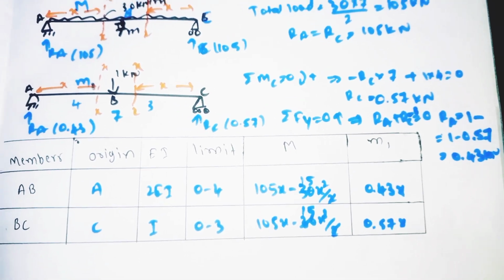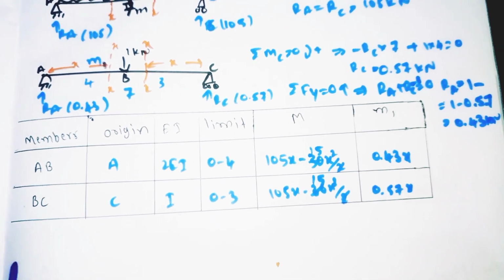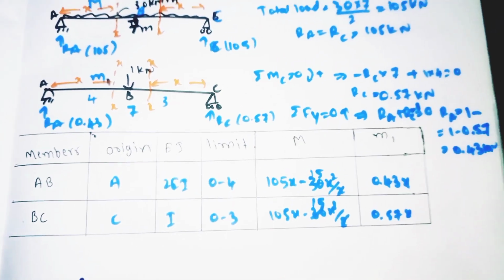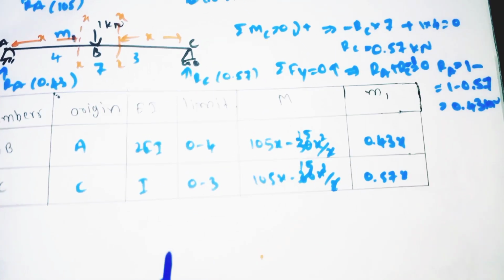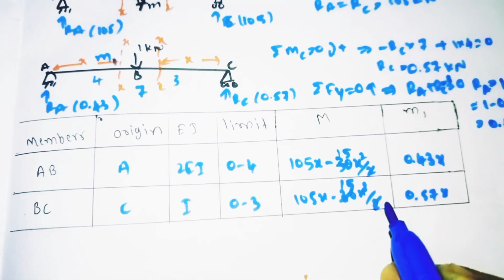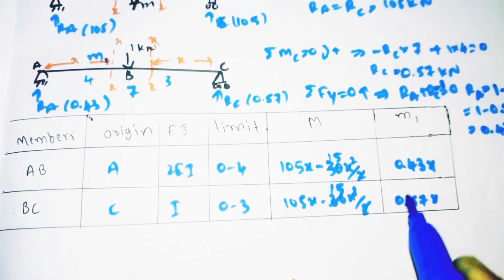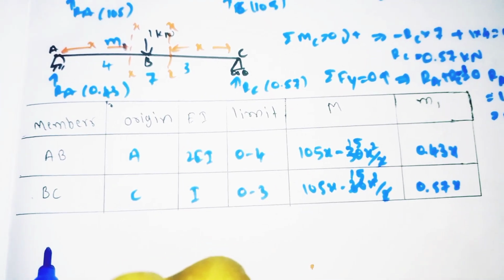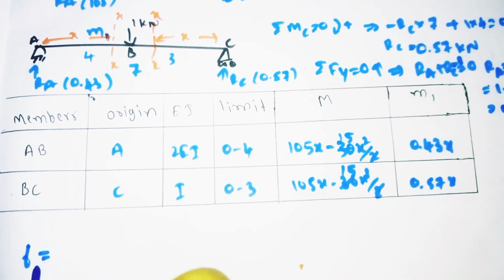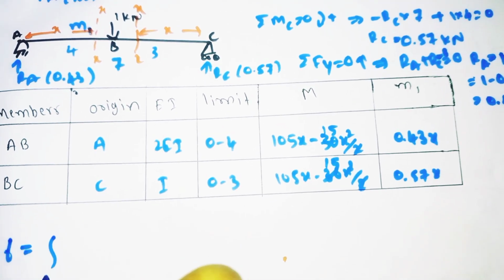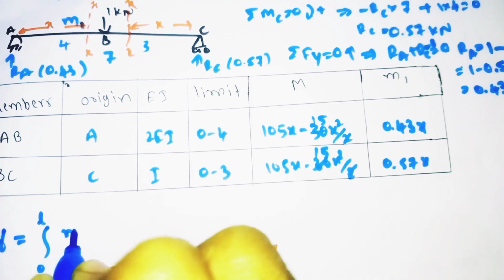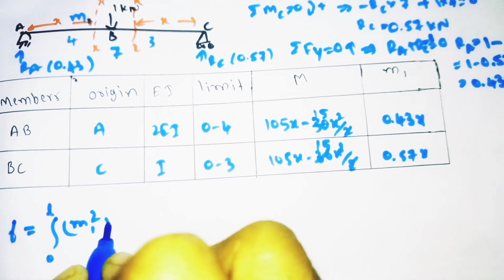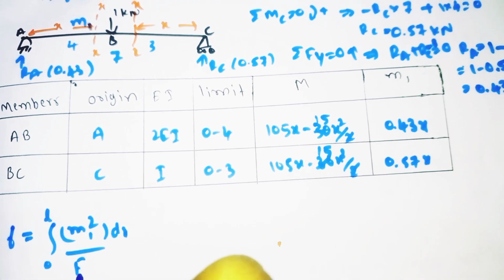So now what we have to do is, we need to find the flexibility and also the displacement. Here we have only two moments now, so our flexibility will come only one. That is F is equal to integration of 0 to L m1 square ds divided by EI.